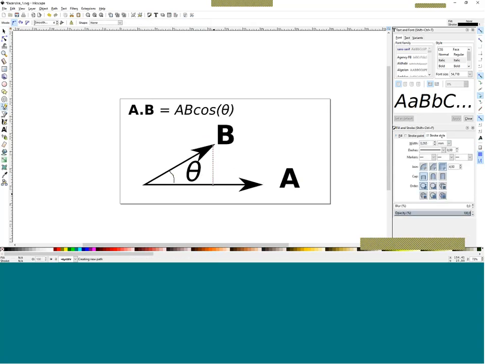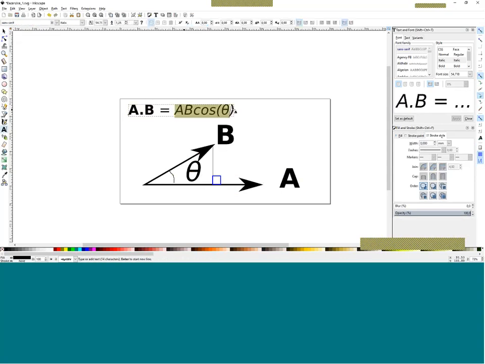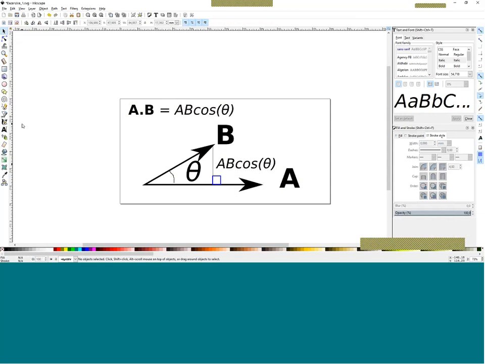If we take a line orthogonal here to here, so we have a string going from the head of B to wherever it meets A, and that is equal to this. So hopefully this will make sense of where it's coming from.